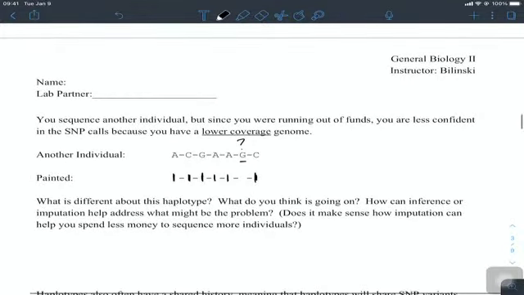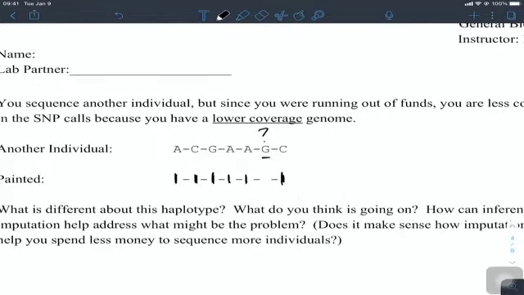So, with a low coverage genome, is it likely that this was a mutation or something else went wrong? What could you infer about what is the likely allele that we should have encountered at this 6th SNP? Well, if you concluded that this likely should have been an A because the rest of the haplotype is B73, well then you're starting to get it.